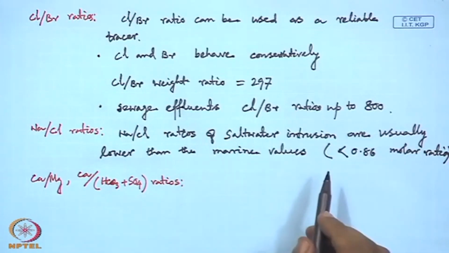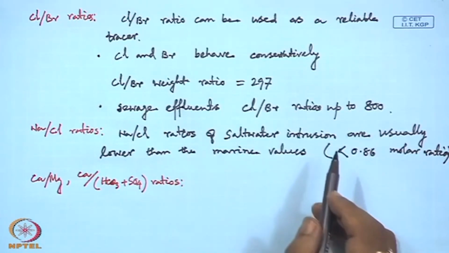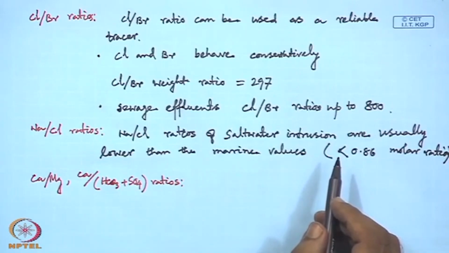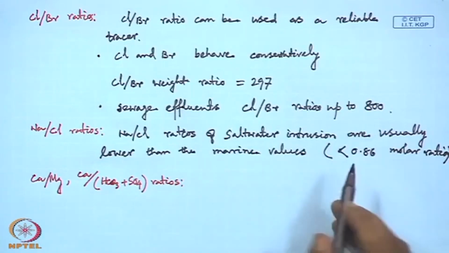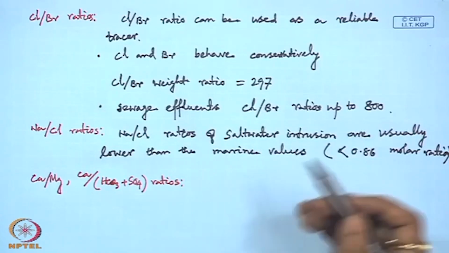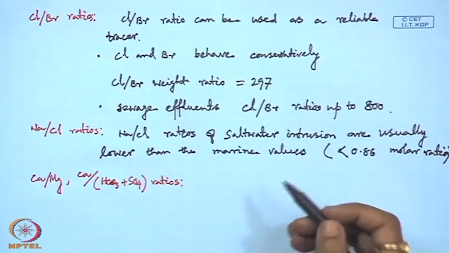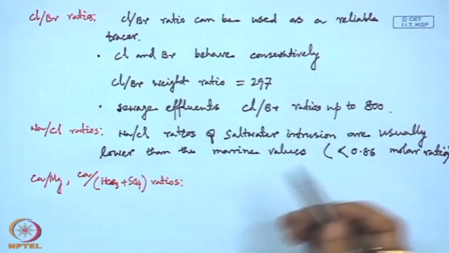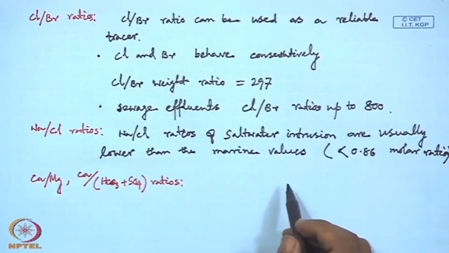These two ratios in seawater indicate a high saltwater intrusion if the value is greater than 1.